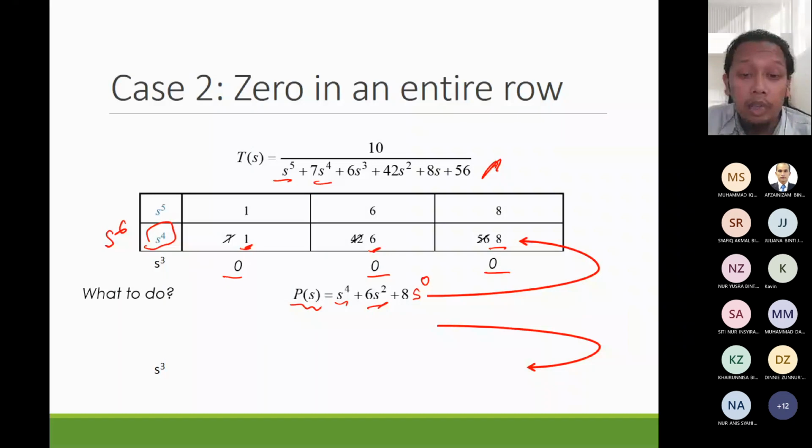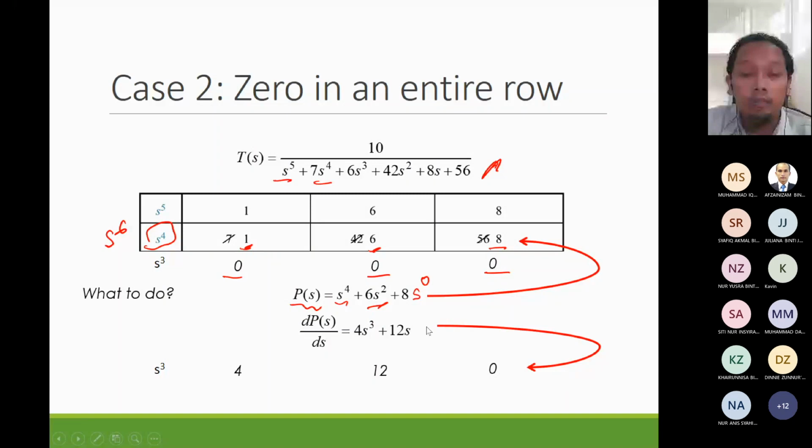And then after that, we differentiate this polynomial with respect to S. So we get 4 times S cubed plus 12S. And then we use this differentiated form to replace the row S3. So we put 4 in the first column, and then 12 in the second column.